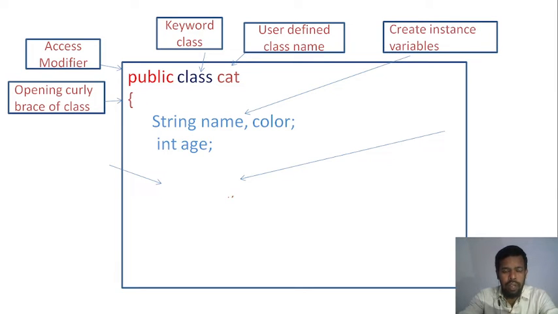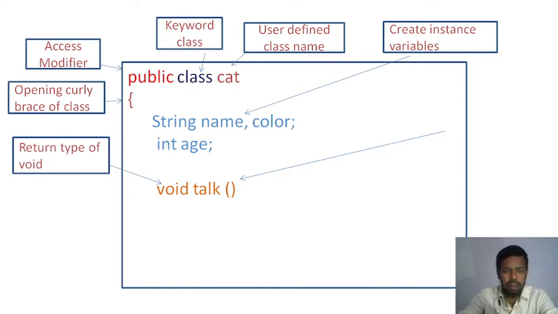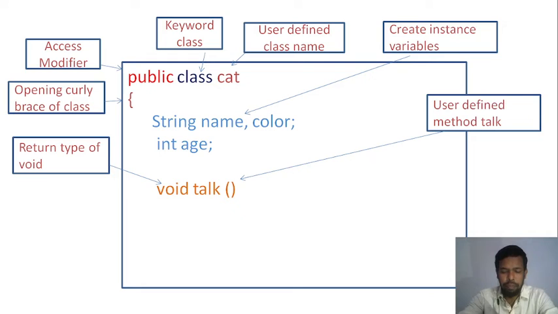Okay, next we create the method void talk. Void is a return data type, and talk is a user defined method. Whenever we create a method, open bracket, close bracket is mentioned compulsorily.